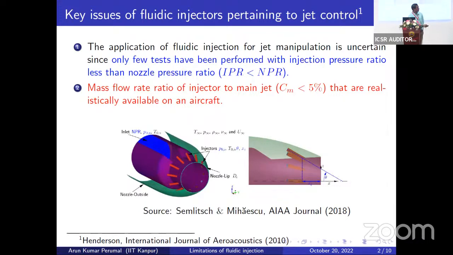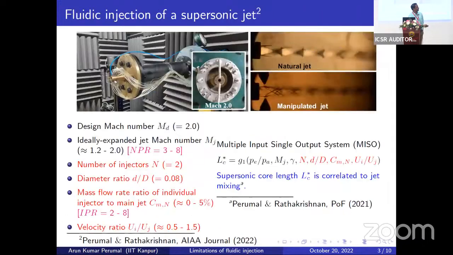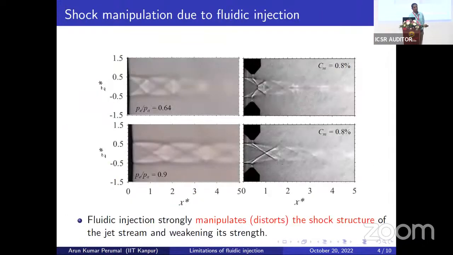What we observed was that this injection is going to change the shock structure. As I said in the limitations, the CM is 10% or something. If I want to reduce it to 5%, the penalty is that first I have to optimize it.